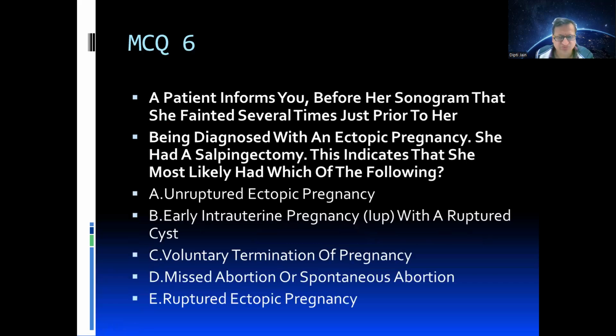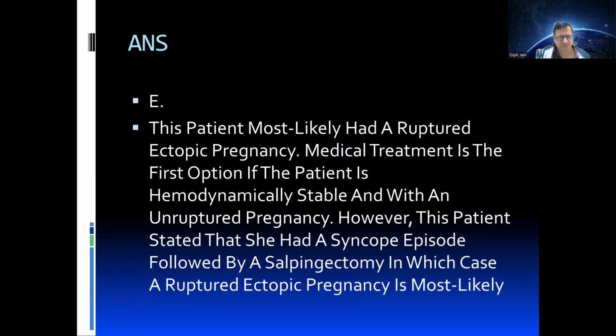Patient informs you before her sonogram that she fainted several times just prior to being diagnosed with ectopic pregnancy. She had a salpingectomy. This indicates that she is likely which of the following? Salpingectomy is usually done in case of an ectopic pregnancy which has ruptured, so this patient most likely has a ruptured ectopic pregnancy.